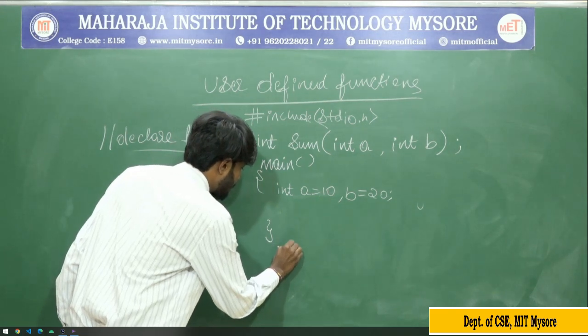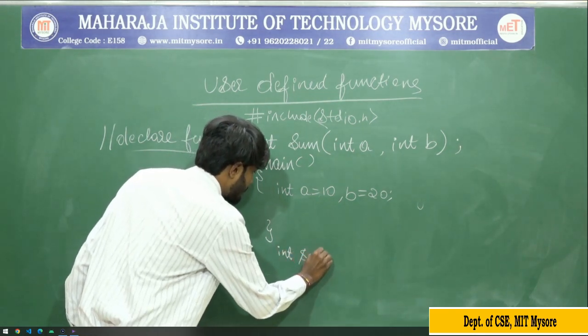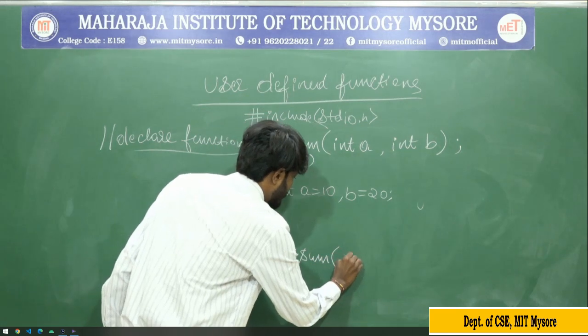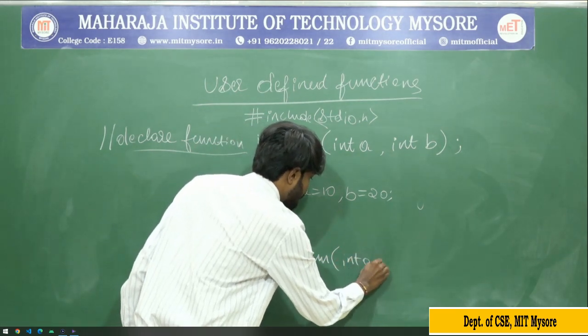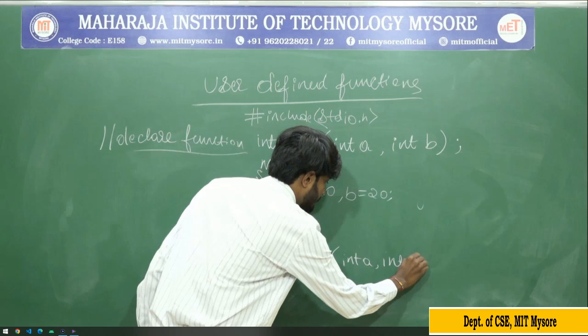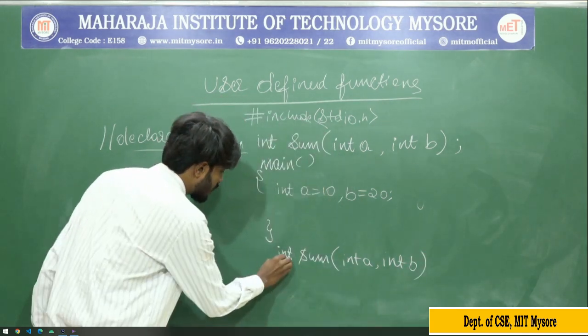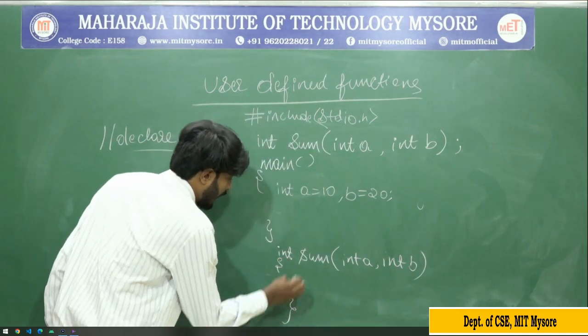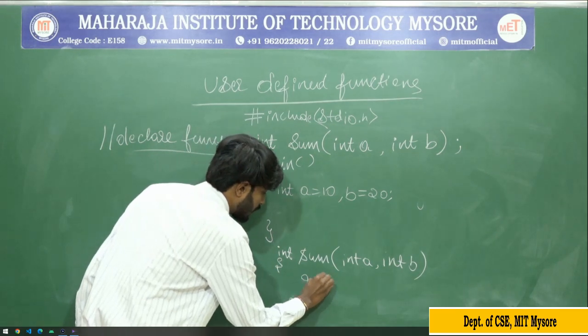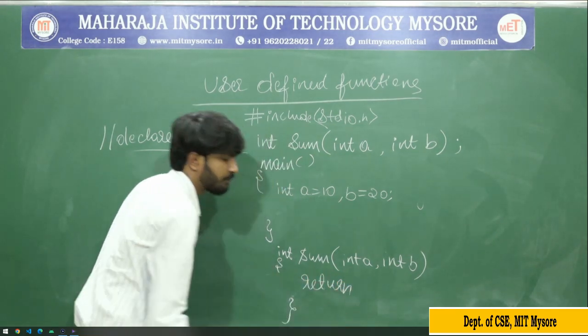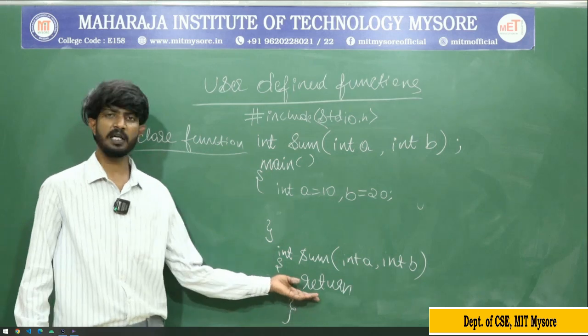int sum, int a, int b. Okay, so here I will return data, or else you can print here only.